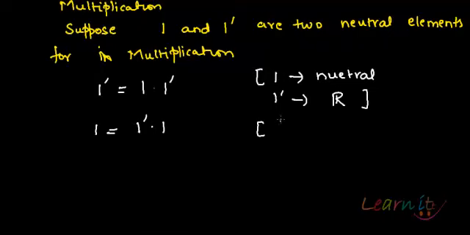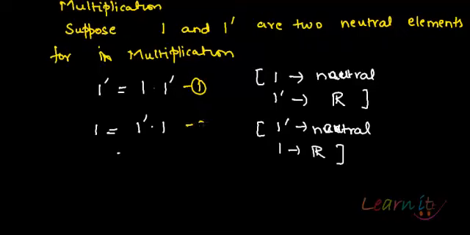Here we are taking 1 prime as neutral and 1 as any element. So again, let us put it as 1 and 2.